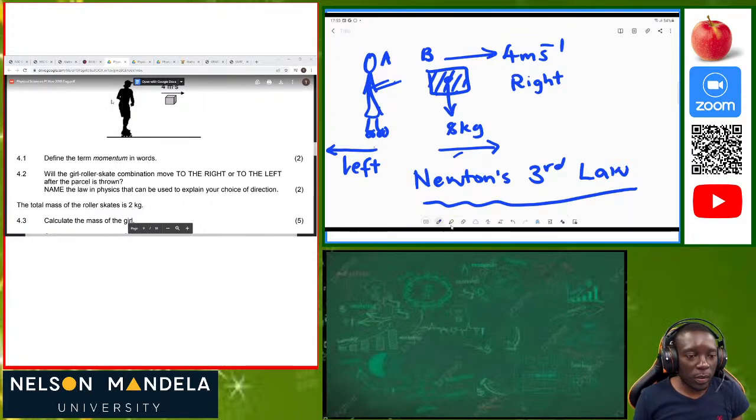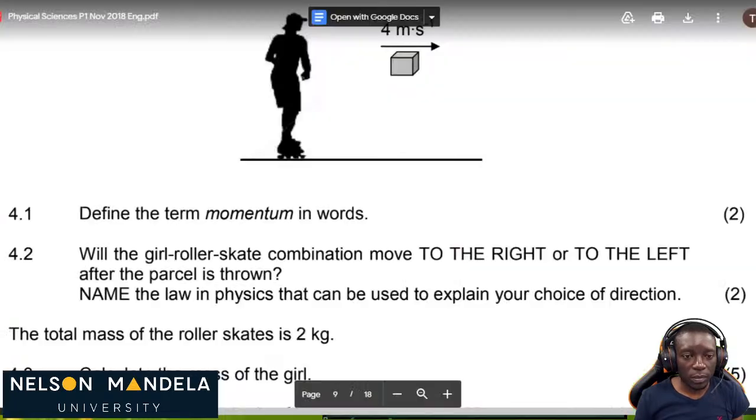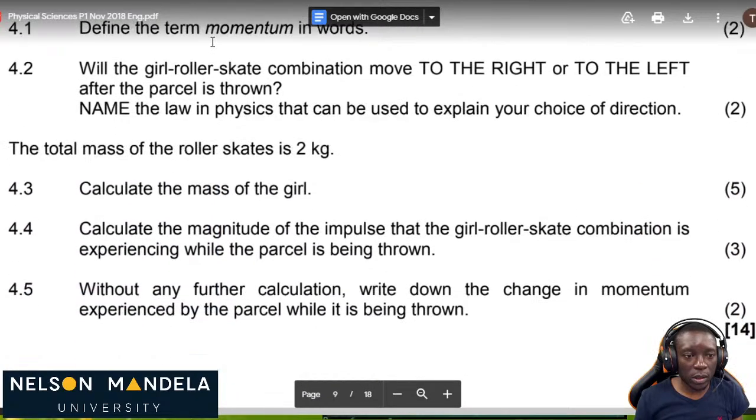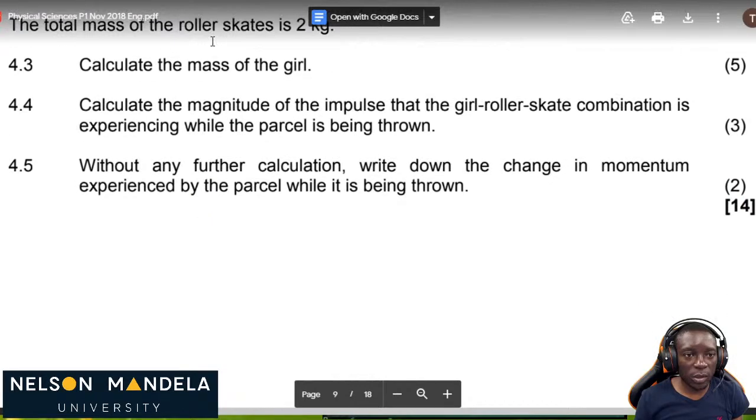Right, so let's see the next part. The next question is 4.3. Calculate the mass of the girl.